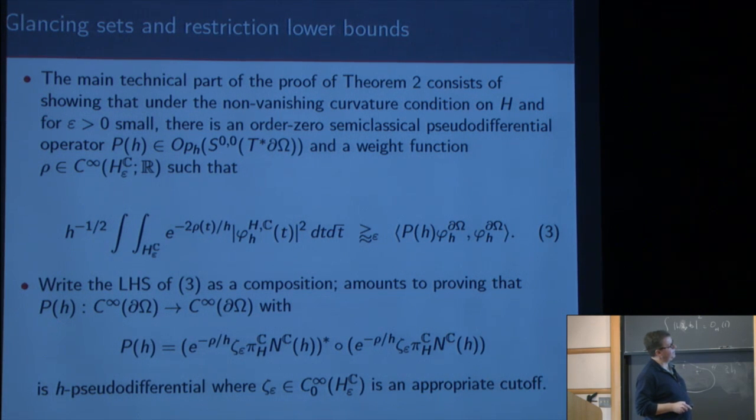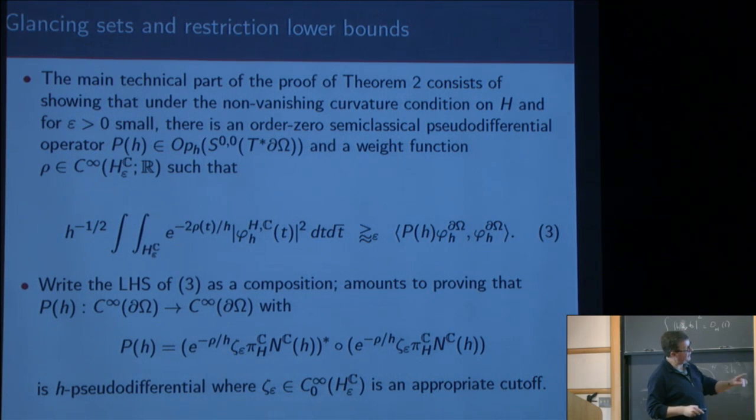The integral is now over this strip. So I holomorphically continue the restricted eigenfunction, and there's some weight. That rho is a weight function. And I can control that weighted mass from below by a matrix element along the boundary.